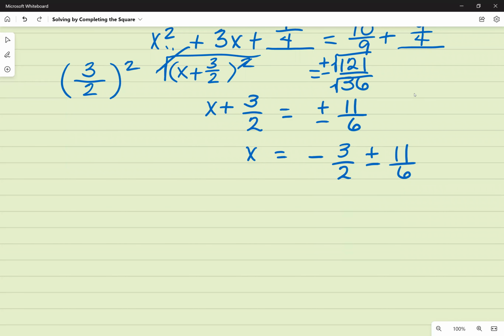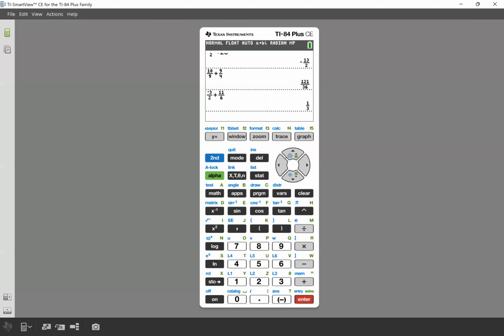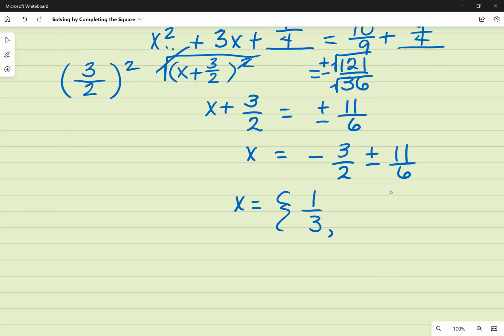So one of my answers is going to be 1 over 3. Now, if I go back and I use this subtraction this time, all I have to do is go back up, highlight it, hit enter, arrow back over, and delete that and change that to a subtraction. Now I have a negative 10/3. So that's my other answer, negative 10/3.